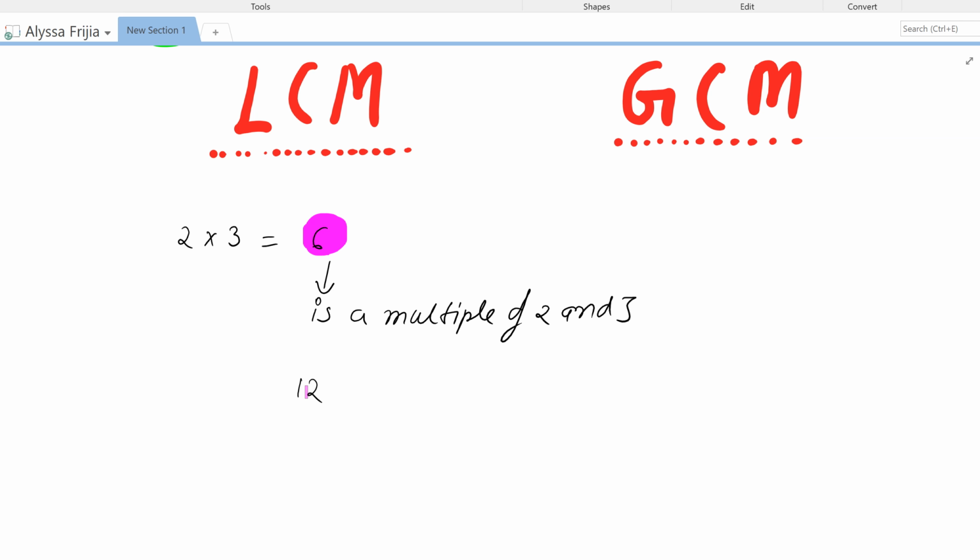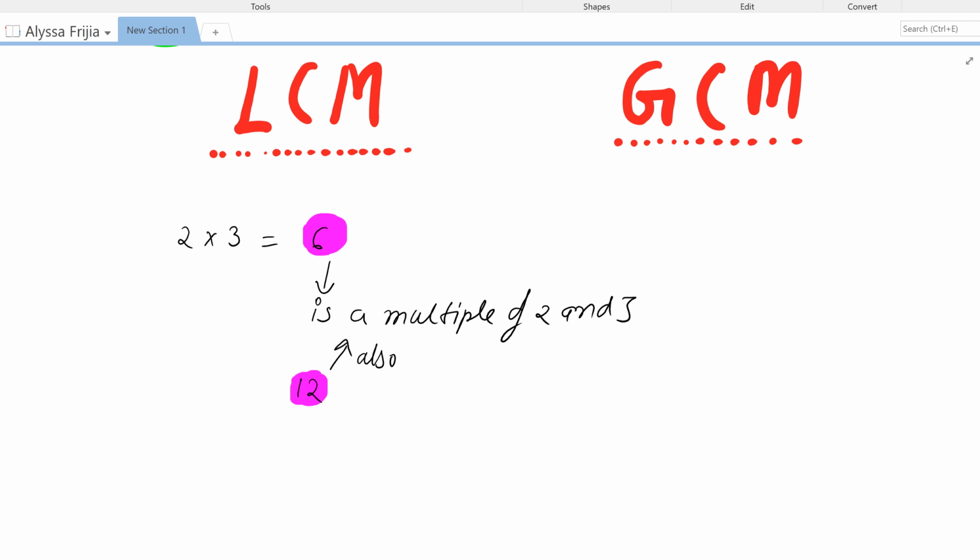Do you agree that 12 is a multiple of 2 and 3? Yes, because 12 is divisible by 2 and 3. Both of these numbers divide 12. They divide 6 as well, so 12 is also a multiple of 2 and 3.